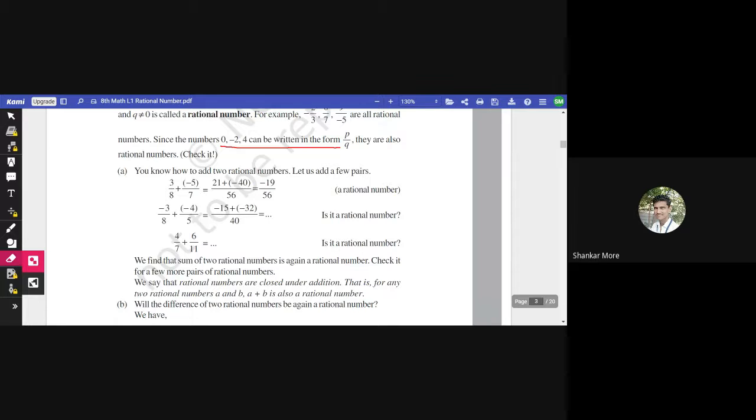We use the conventional method, right? So how do we make sure that the denominator is the same?